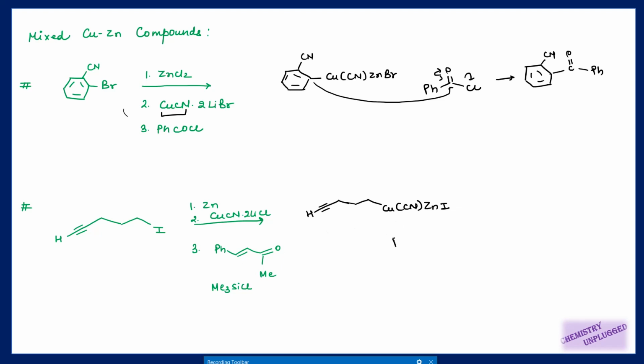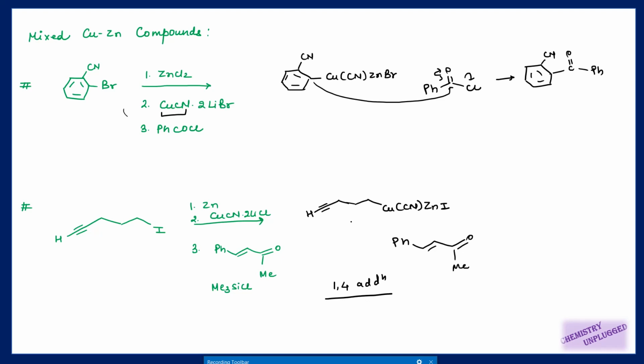Then we will react it with alpha beta unsaturated ketone, and remember this thing that it will show 1,4 addition. And how can you remember this part? We have discussed copper salt with Grignard reagent in the previous video, that we can do effective 1,4 addition if we are using copper salt, right?